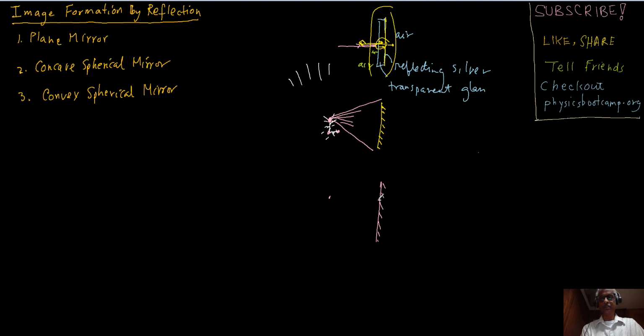Just take a ray, perpendicular towards it. So ray number 1. It's just going to return on the same path. So this is the return ray, and let's call this 1 prime. For the returning rays I'm going to use prime, and for the original I'm going to use unprimed.